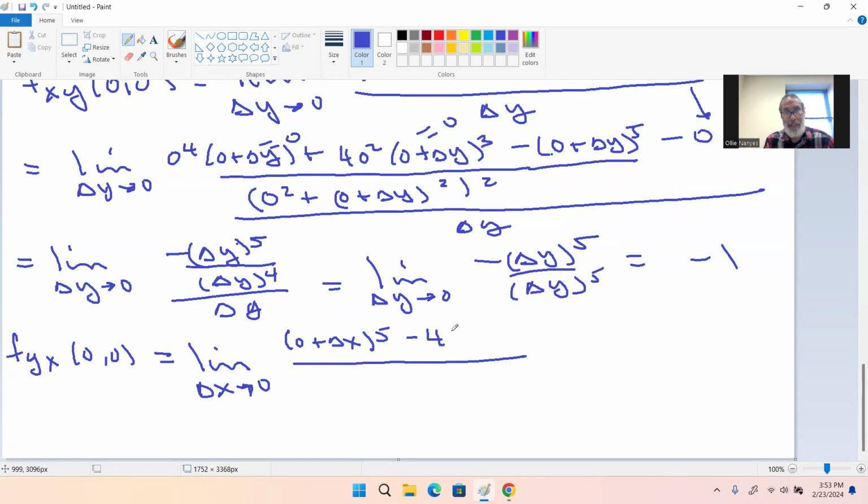Swapping this out here, it's going to be delta x squared, 0 plus delta x cubed. That's a 0 there. I screwed that up a little bit. So this is the x here, you still get the 0 squared there.